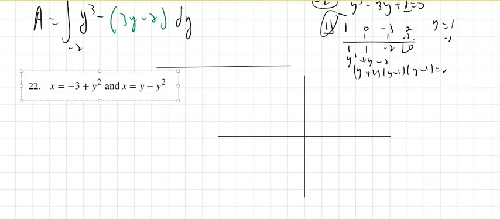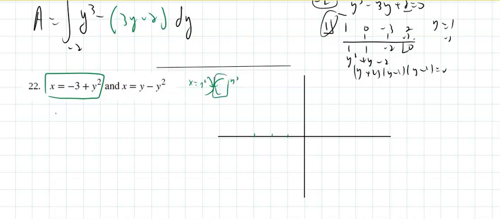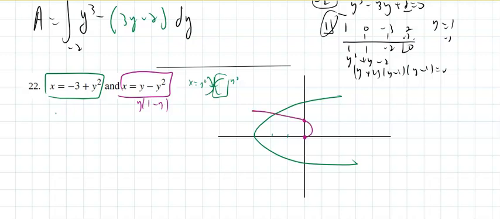So x equals 3 minus y squared, and x equals y squared minus 3 will run to the right, something like this. This is y times 1 minus y, so it crosses at 0 and 1, and it's upside down, so it looks something like this. Okay, well, the region in question is right there.